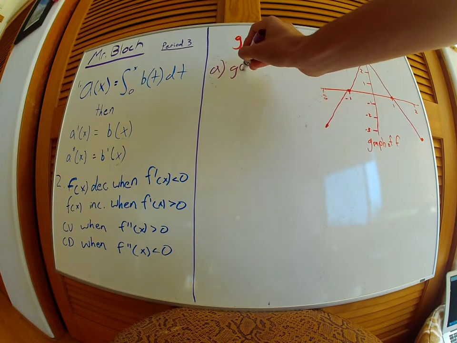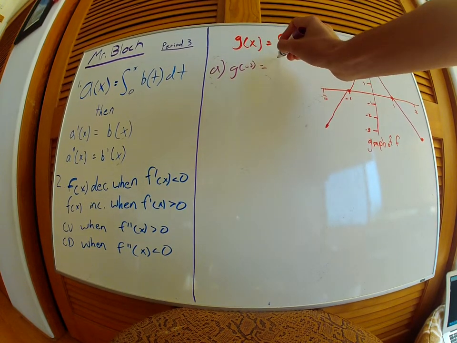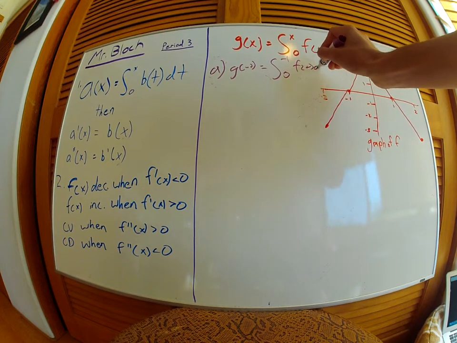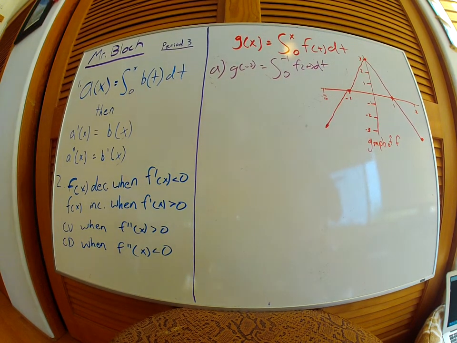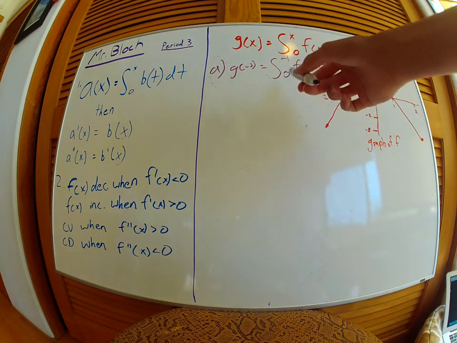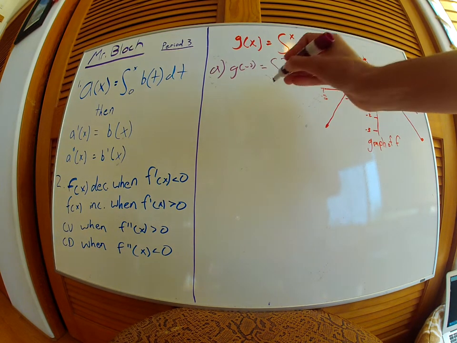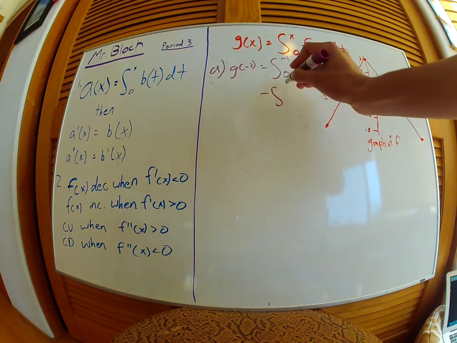So g of negative 1 is equal to the integral from 0 to negative 1 of f of t dt. Okay, so this is where a lot of people will start to make a mistake. As you can see, the smaller number is on top and the bigger number is on bottom. But we need to reverse those and make the integral negative.